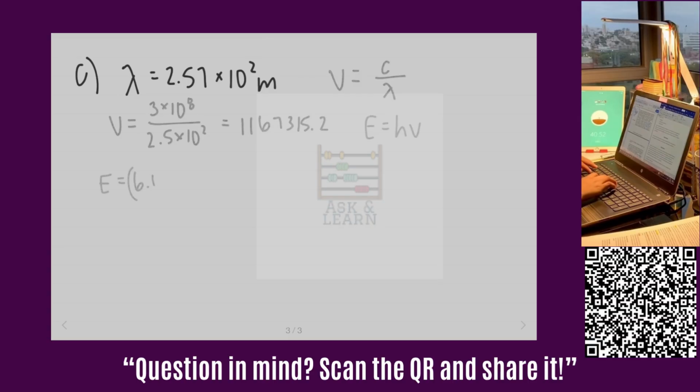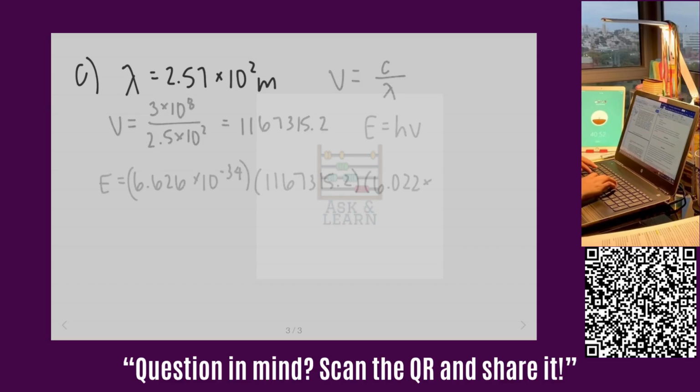So E is equal to 6.626 times 10 to the negative 34th. V we just calculated. And then we still will need to multiply that to get it per mole.